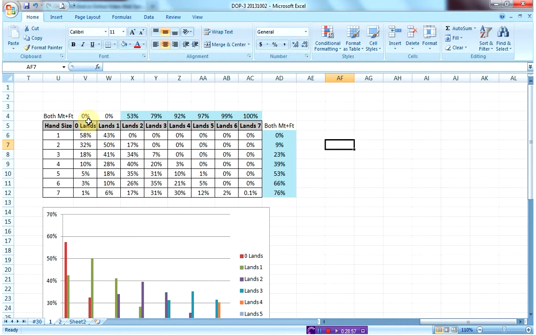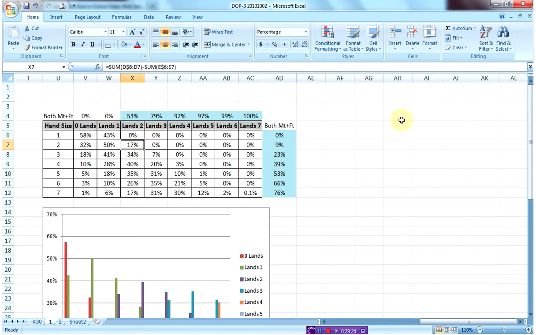Because there was a 32% chance that neither of the top 2 cards off my library were land. And then there was a 50% chance that only one of them was a land, in which case it doesn't matter what it was.